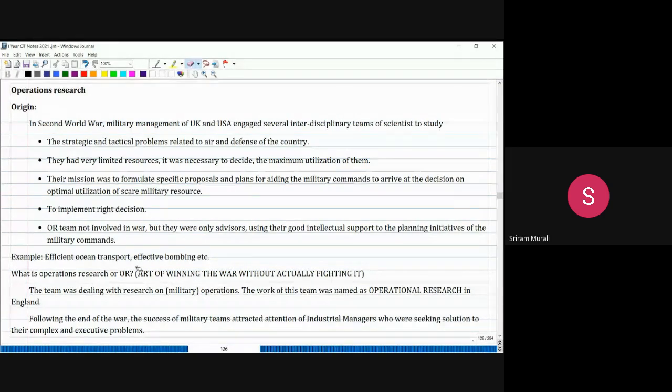You have 4 types of investment in an industry. Public deposits. Public deposit means where do we use? Fixed deposit, reinvestment plan, or share market, or postal savings.